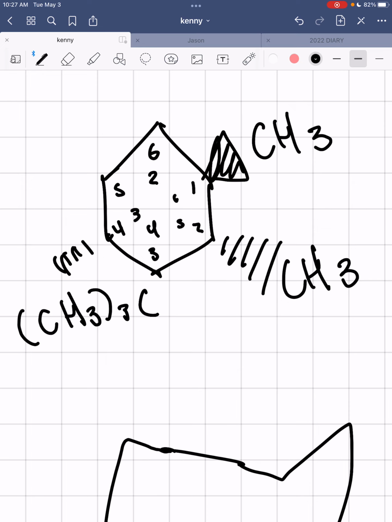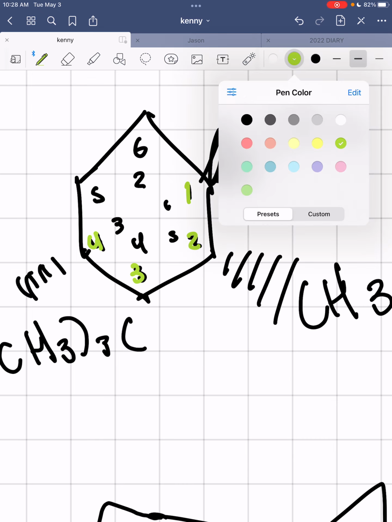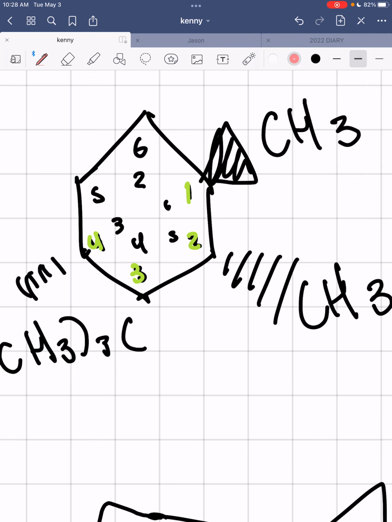You can start from here and go around, or start from here and go around. But I'm just going to choose the most obvious ones, and then I'll explain why. Oops, I forgot to name this one.